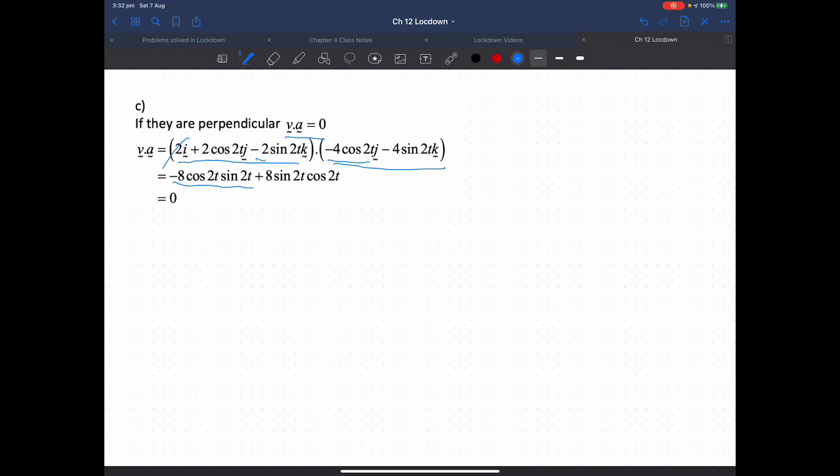Minus 2 sine 2t times minus 4 sine 2t gives me plus 8 sine 2t cos 2t. We've got negative 8 cos 2t sine 2t plus 8 sine 2t cos 2t. They cancel each other out, equaling 0. Because the dot product equals 0, the velocity and acceleration are perpendicular to each other.